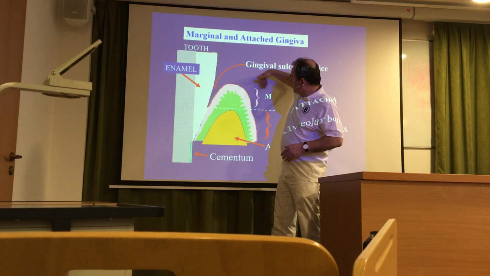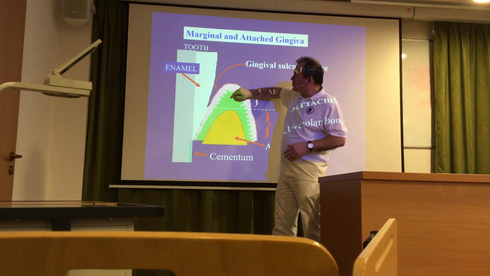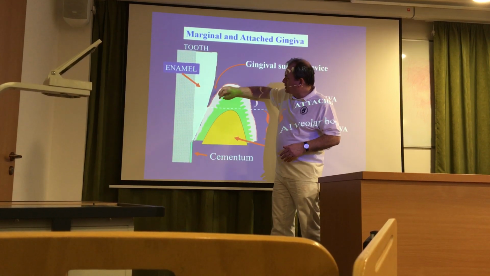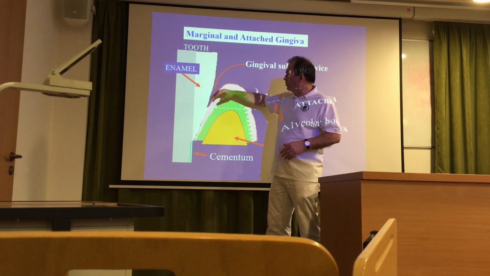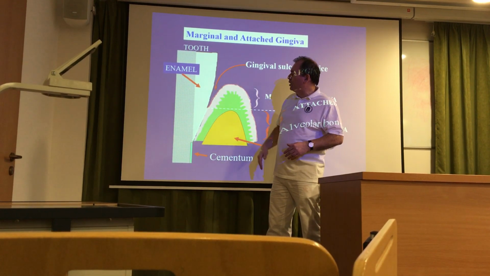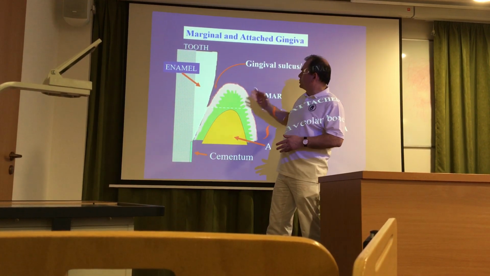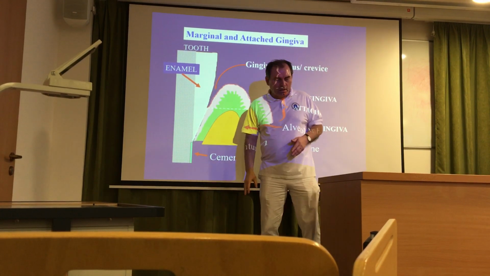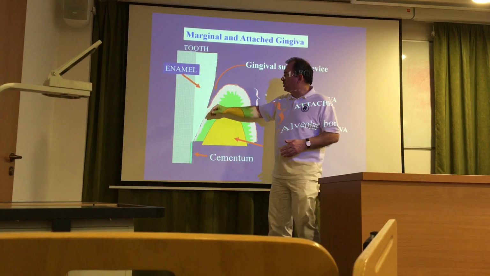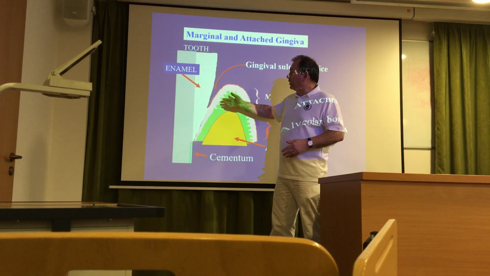So we have the free gingival area, and its inner surface is where the gingival sulcus is, and the gingival crevicular or sulcular fluid is produced continuously. I mentioned that this production is different in different areas.